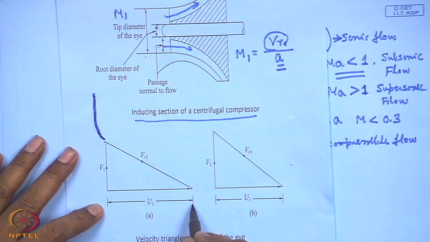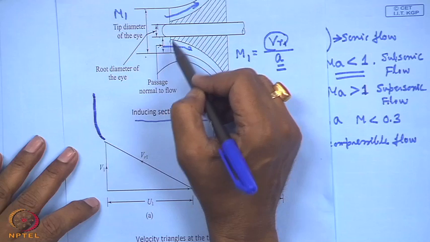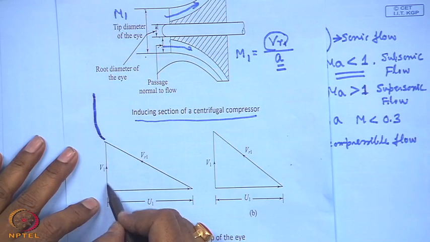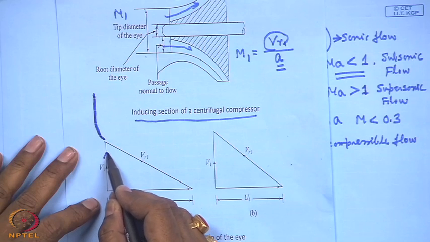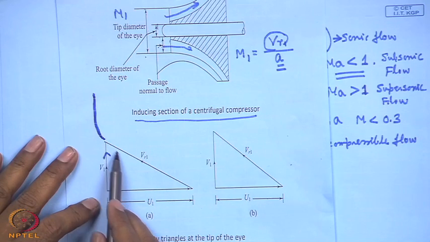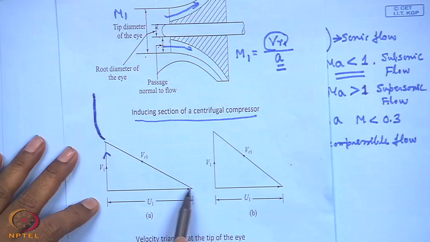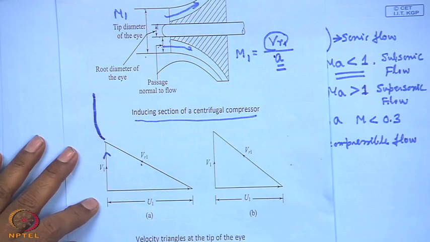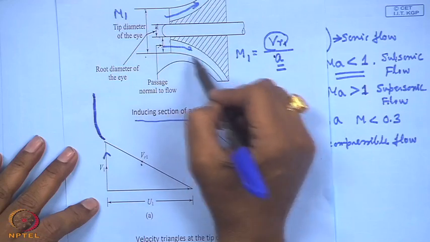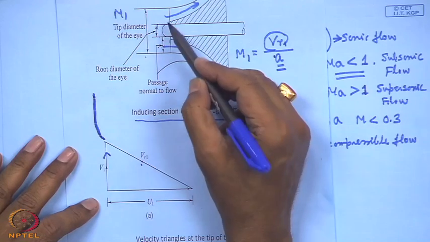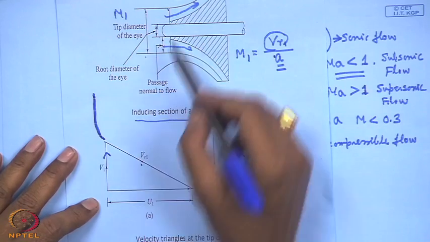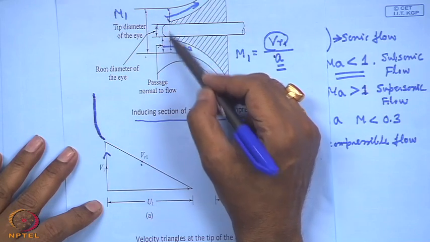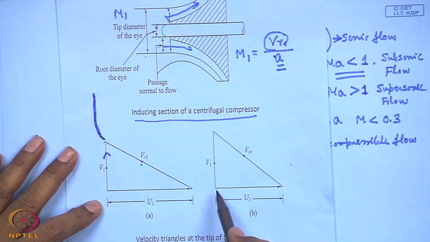Because of the large diameter, the frontal area becomes large, so the absolute flow velocity is less, which gives rise to higher relative velocities, and we have to be very careful. Here the Mach number will be more, but at the same time it can accommodate more mass flow. But if you now reduce the velocity, this is the typical diagram of a small eye tip diameter. There what will we get?